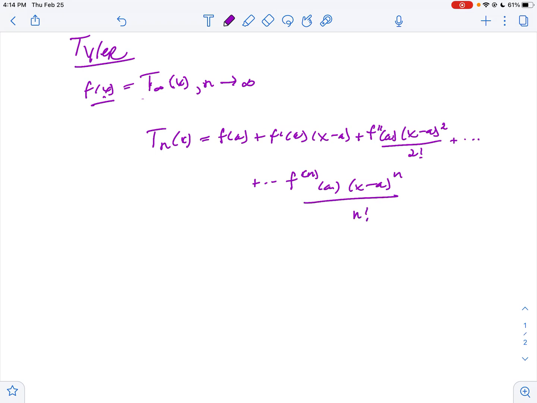So the idea is that we would stop there, but really the Taylor polynomial continues on. So what would the next term be? The next term would be the n plus 1 derivative of a times x minus a to the n plus 1 all over n plus 1 factorial, right? So that's the next term.